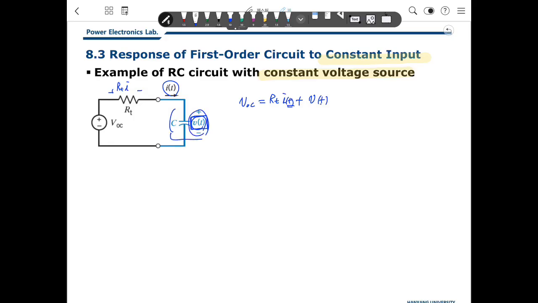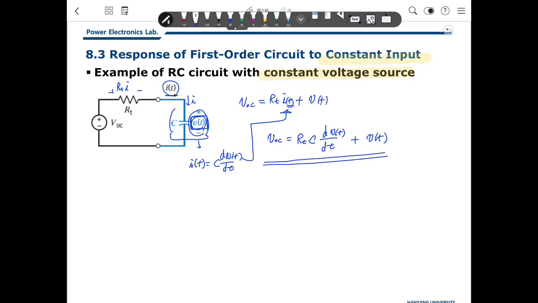Because this is a capacitor, we know the characteristic of the capacitor: i(t) is C dv(t)/dt. Adding that in, V_OC will be R C dv(t)/dt plus v(t).